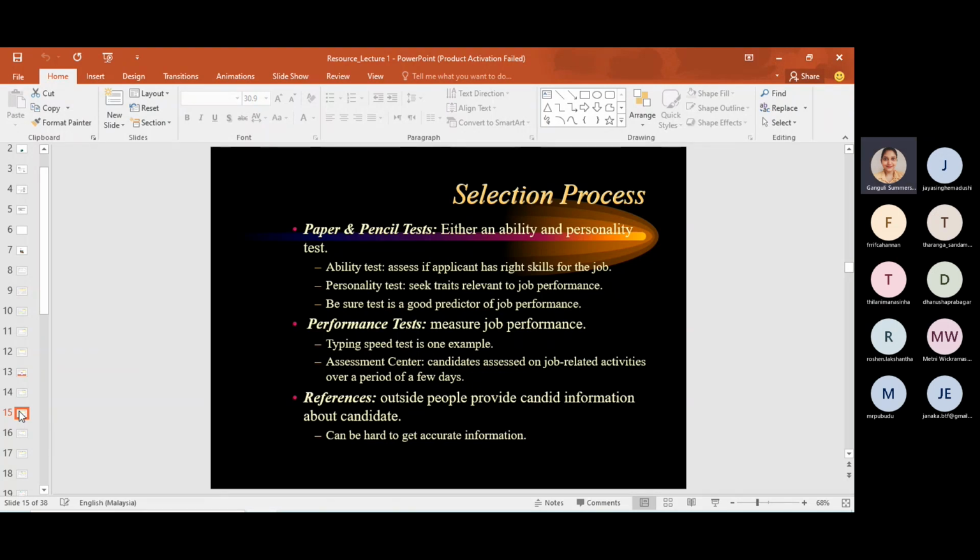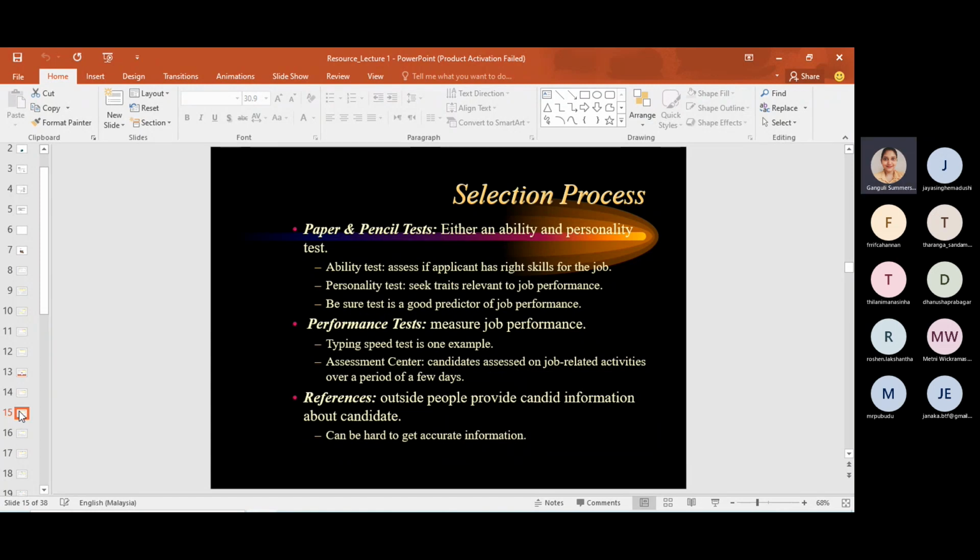For the personality test also, you will receive a paper which carries questions about your personality. You have to answer these questions, so the managers will be able to recognize what kind of personality and attitude you have and whether that personality suits this job or not. So that's about paper and pencil tests. And another selection tool is performance tests.